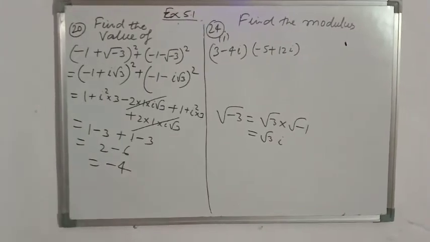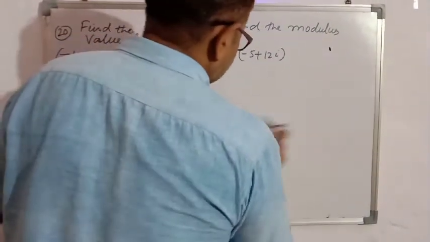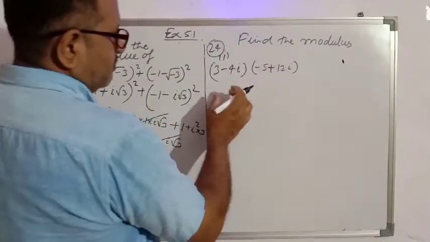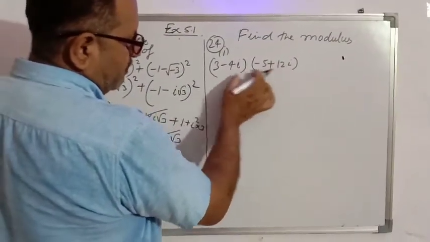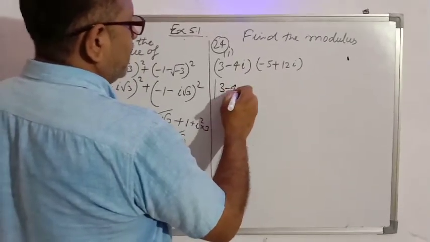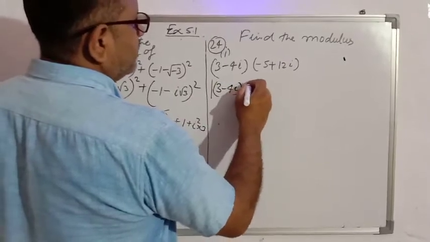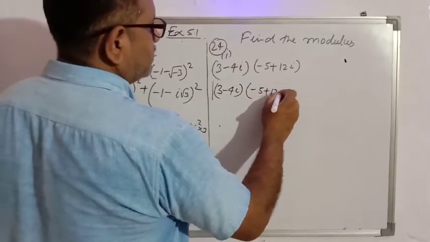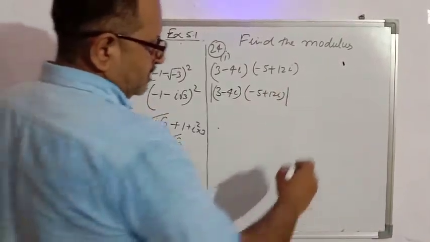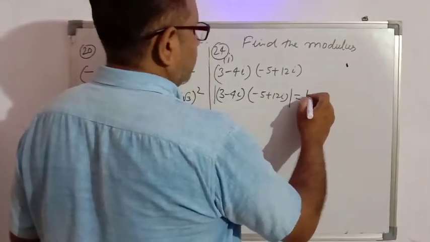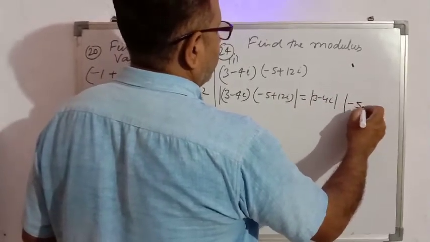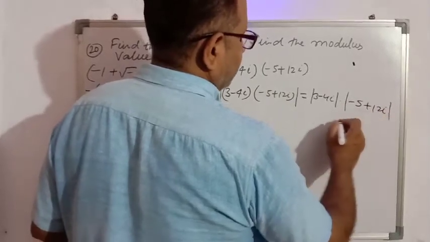Question number 24. Find the modulus of this. It is the product of two complex numbers z1 and z2. So we can write it as 3 minus 4i into minus 5 plus 12i, mod is equal to mod of 3 minus 4i into mod of minus 5 plus 12i.